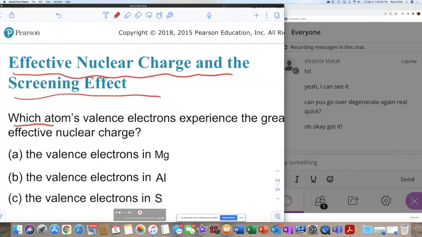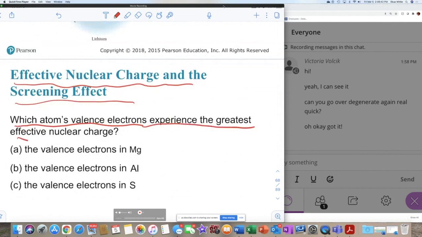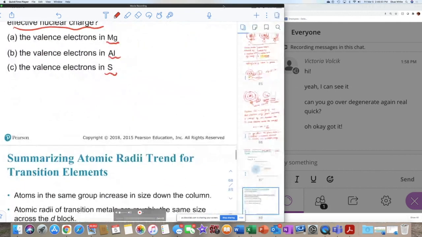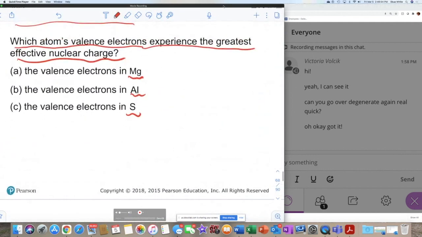So they're asking you, which atom's valence electrons experience a greater effective nuclear charge? So we're looking at the valence electron of magnesium, aluminum, and sulfur. So for this one, essentially what I just worked is what we're going to be doing here. We all know these have valence electrons, but which of the valence electrons is experiencing the highest nuclear charge?